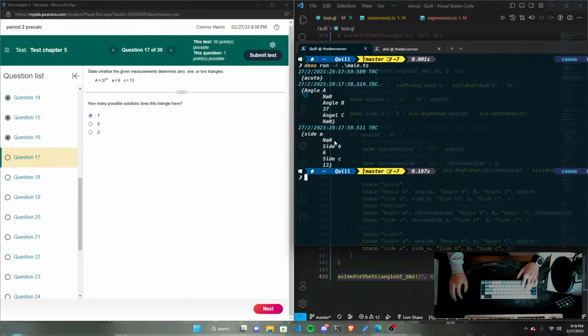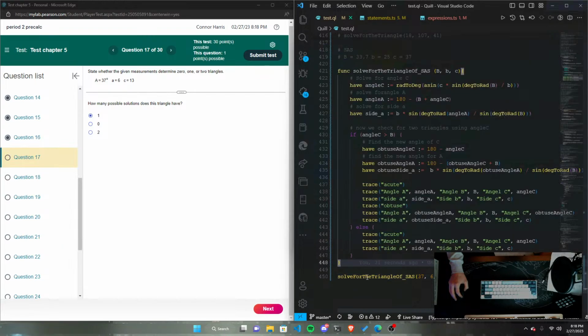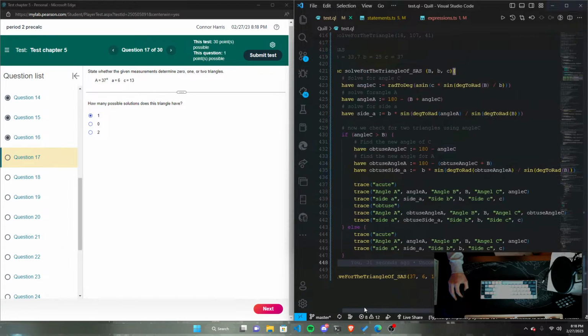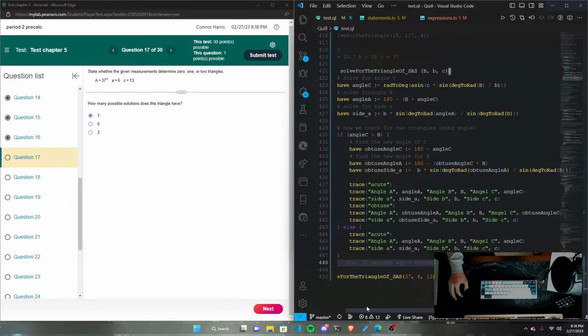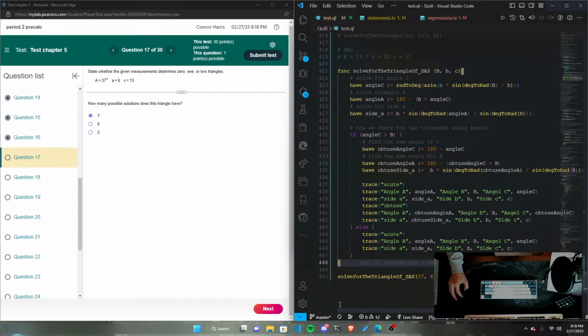Why is this NA? Huh, that's weird. Wait a second. That's not correct. Hold up a second here. Why are those returning null values? Are they too big?